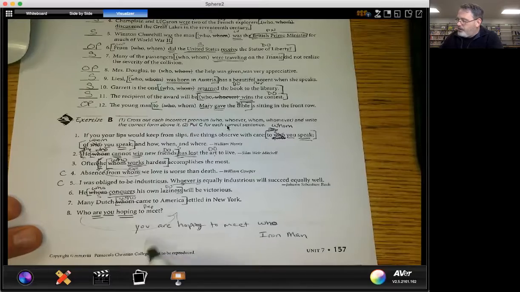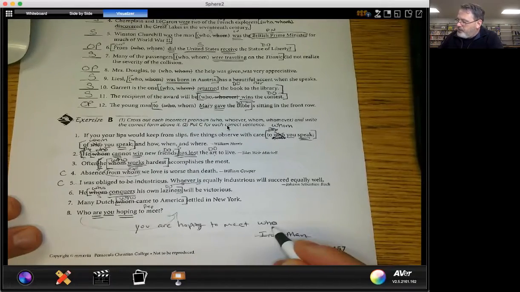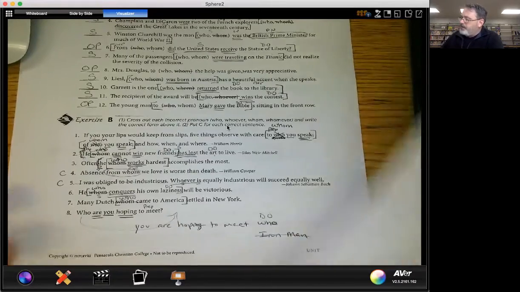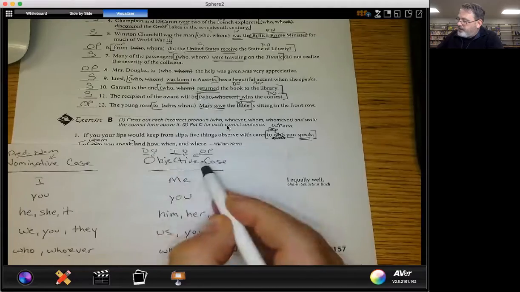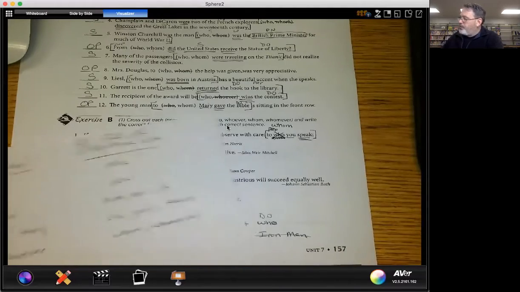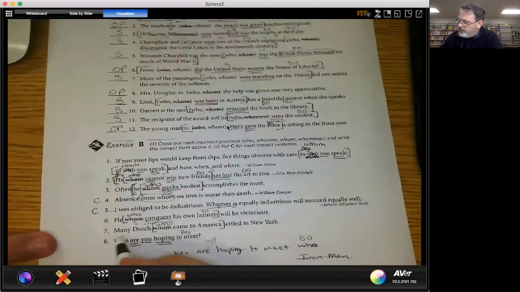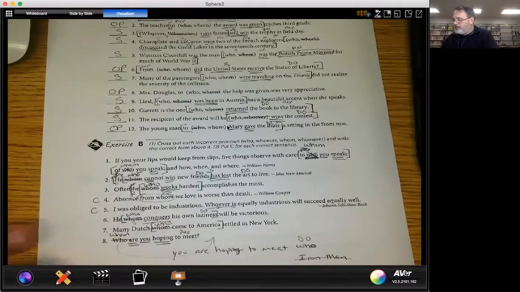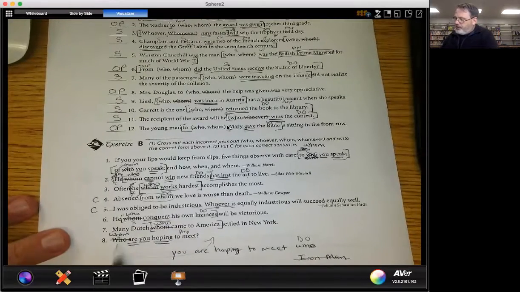All right. You are hoping to meet Iron Man. Well, we're using a pronoun to take that place. Who is a pronoun that is taking the place of the direct object. Direct objects have to be objective case. So we need whom or whomever. So we're going to cross out who and put whom. You are hoping to meet whom? Whom are you hoping to meet?